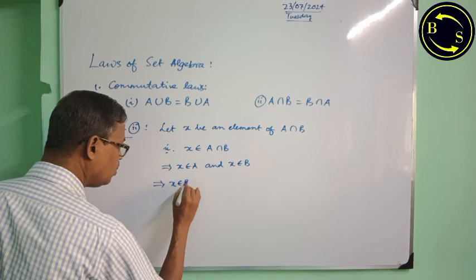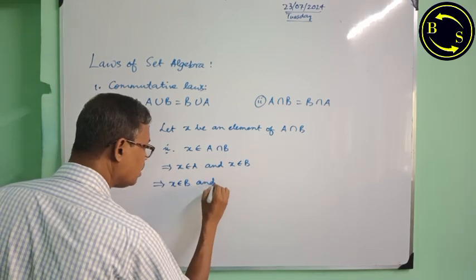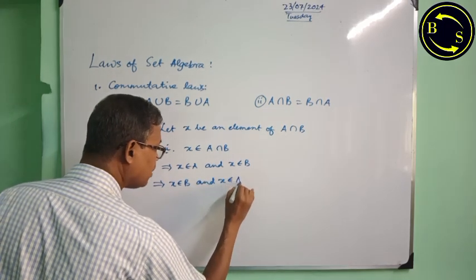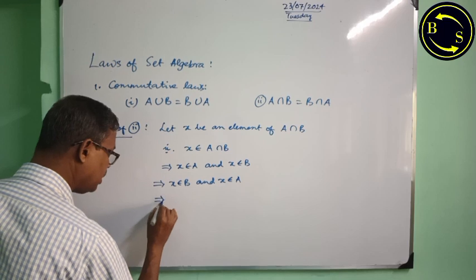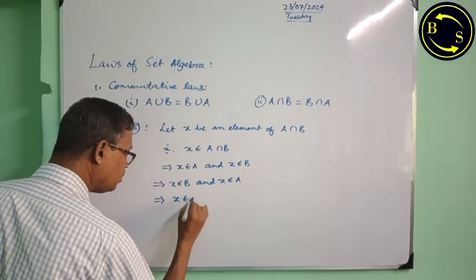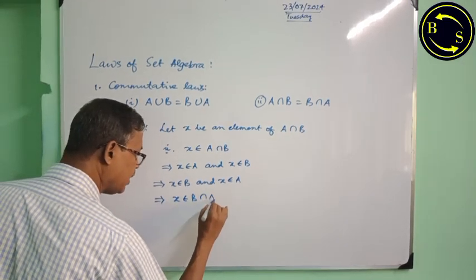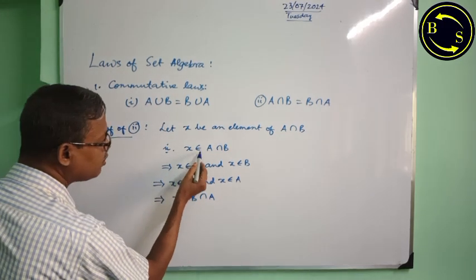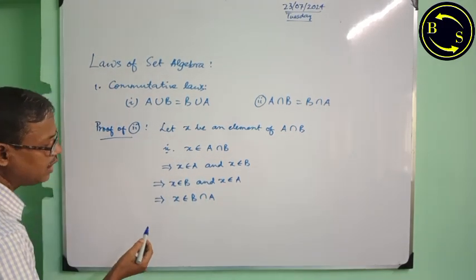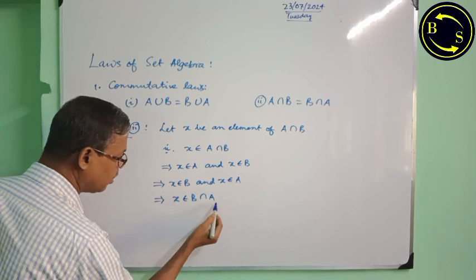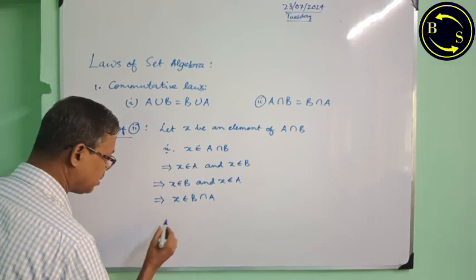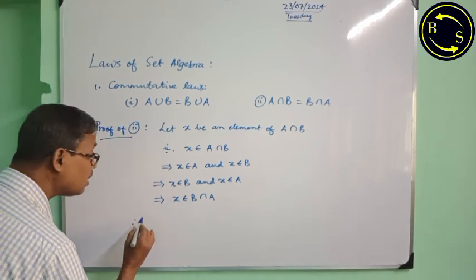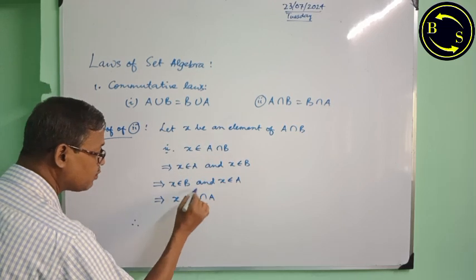X belongs to B and X belongs to A, so that X is member of B intersection A. I started by taking X belongs to A intersection B, and I get this one, X belongs to B intersection A. Therefore, this set is subset of this one.